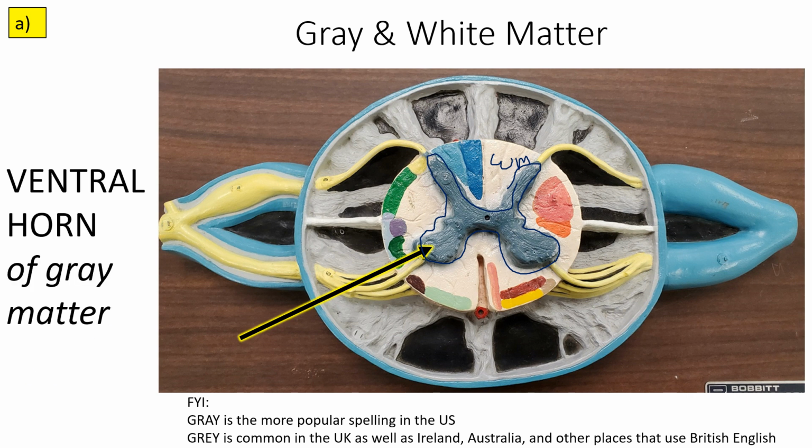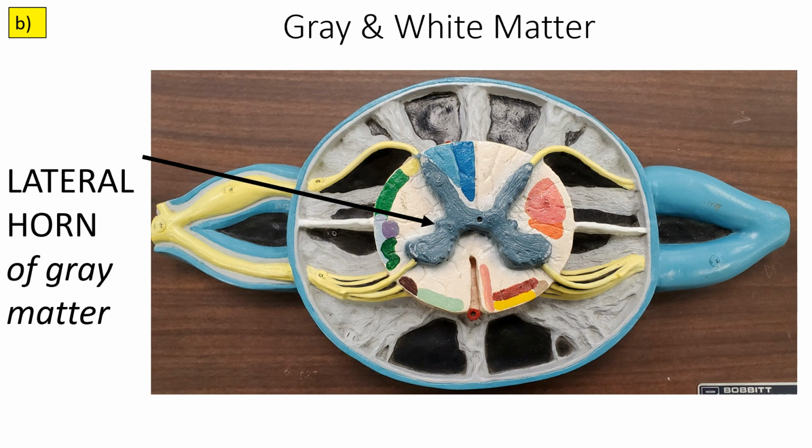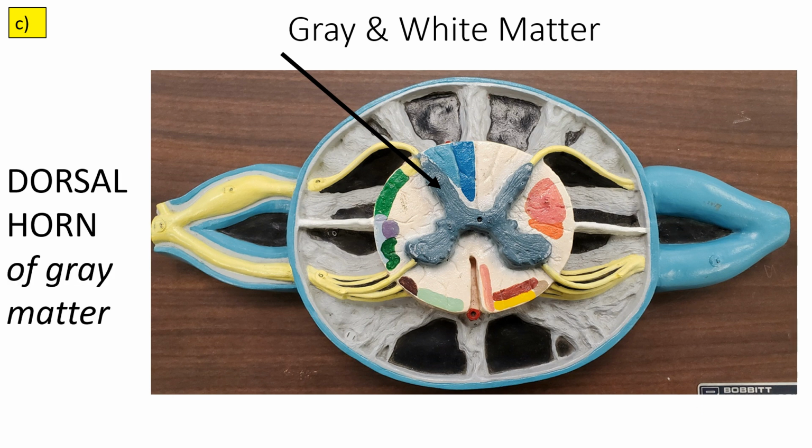So this right here, along with this one, those horns are called your ventral horns. This little bump right here that's coming off the lateral side of the gray matter is called the lateral horn. Now you have another lateral horn right over here. I only labeled one side, but there's the other lateral horn. And then letter C, you can probably guess, is the dorsal horn. Again, I only labeled one side, but here's the dorsal horn on the other side of the gray matter.